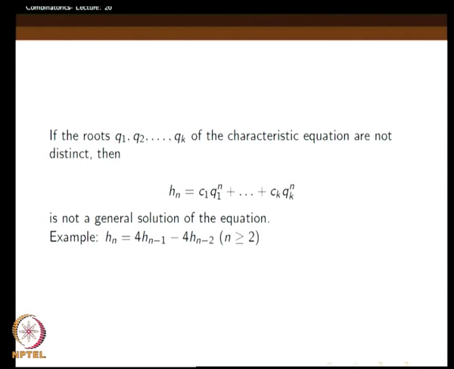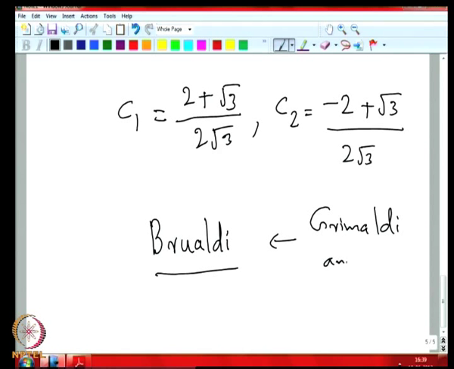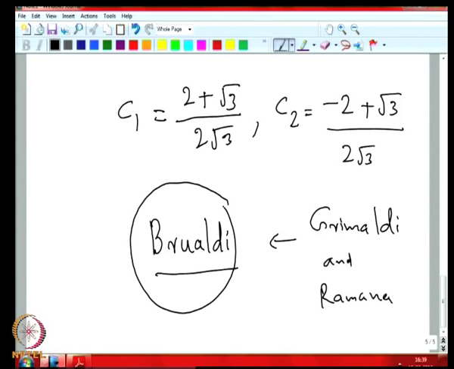I am following the book of Brualdi, which is mentioned in the first lecture, Introduction to Combinatorics. But in the book by Grimaldi and Ramana, you will get a more extensive treatment of this topic, though we are covering all the essential things.